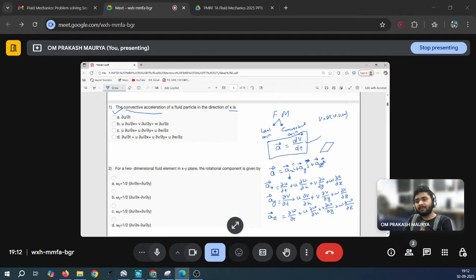Here the terms associated with time, del u by del t, del v by del t and del w by del t, are known as the local acceleration, and all the remaining terms are known as convective.